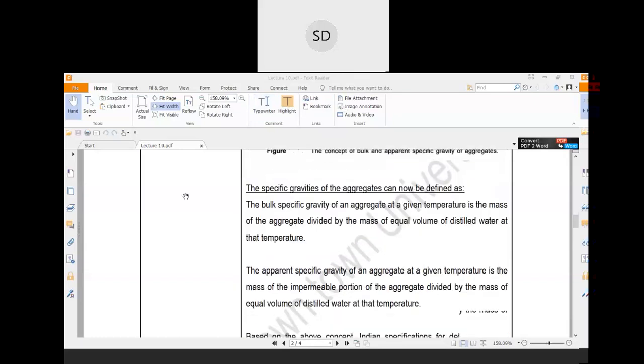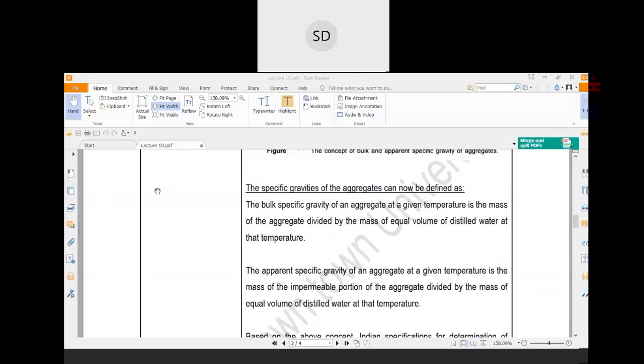The bulk specific gravity of an aggregate at a given temperature is the mass of aggregate divided by the mass of equal volume of distilled water at that temperature. That is your bulk specific gravity.